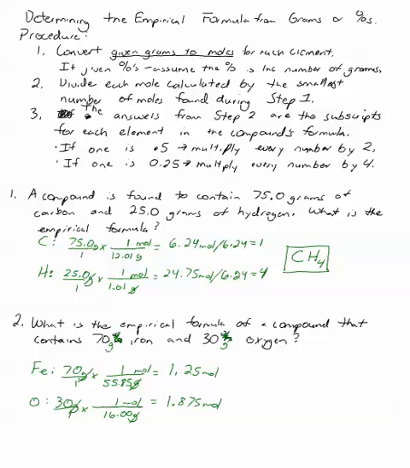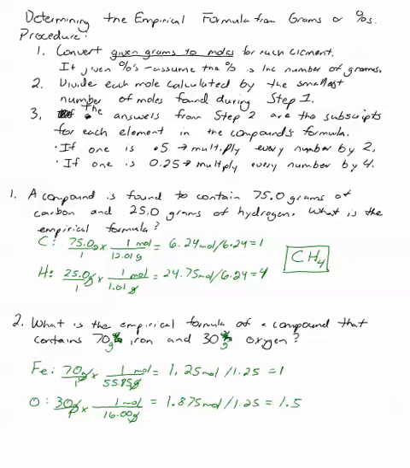The next thing we need to do is divide both of these by the smallest amount of moles, and that is 1.25. When we do that, it gives us 1 for our Fe, and 1.875 divided by 1.25 gives us 1.5. Ooh.